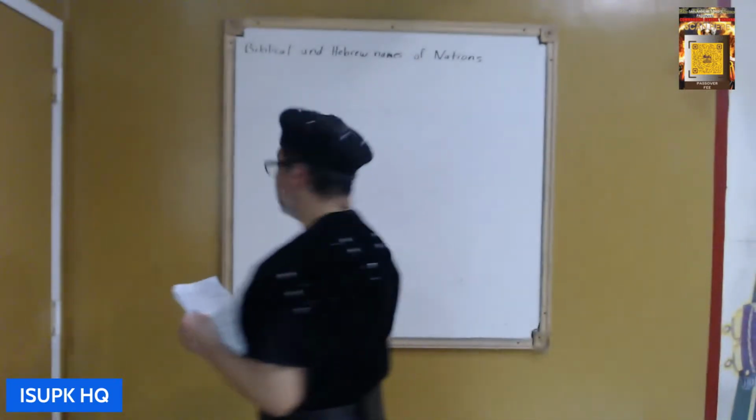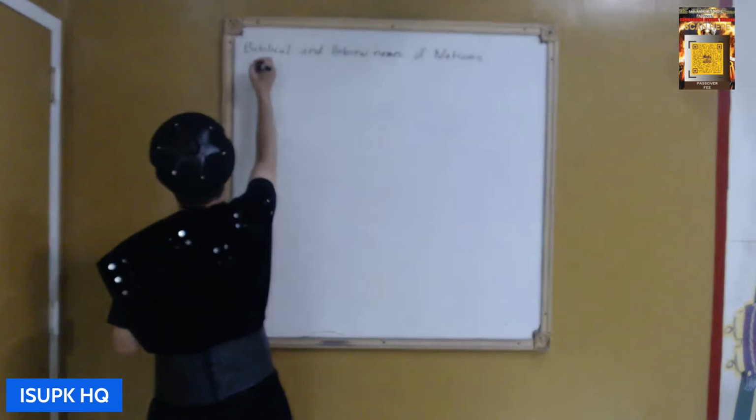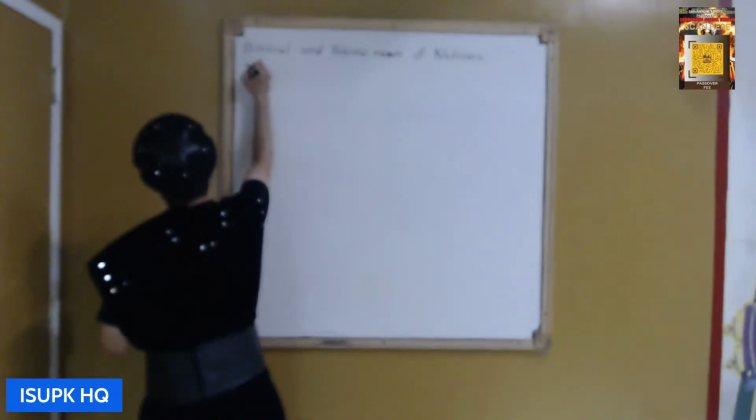Now let's just put who they are. So we got Israel. We got Edom. We have Moab. We have Ammon. We have Ishmael.